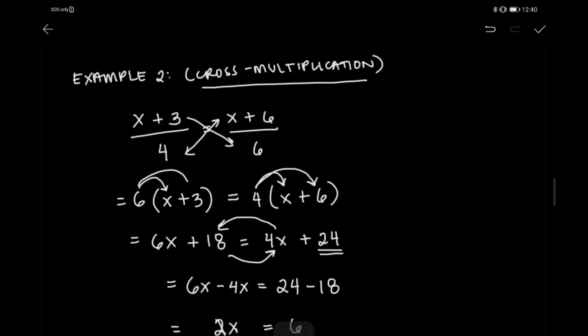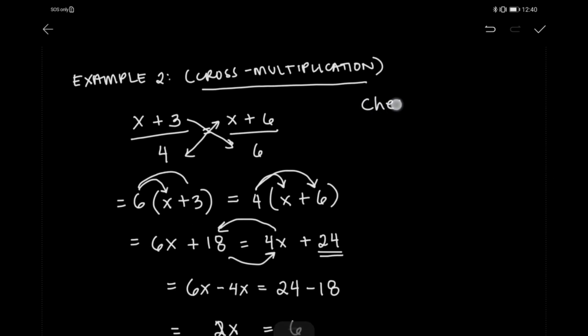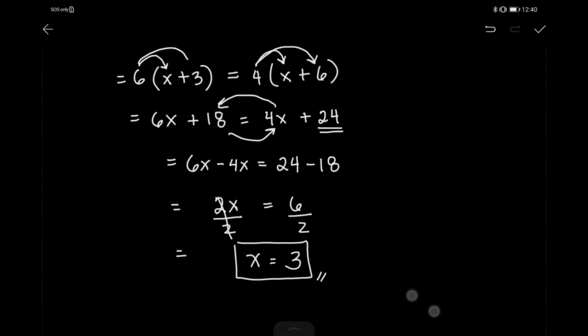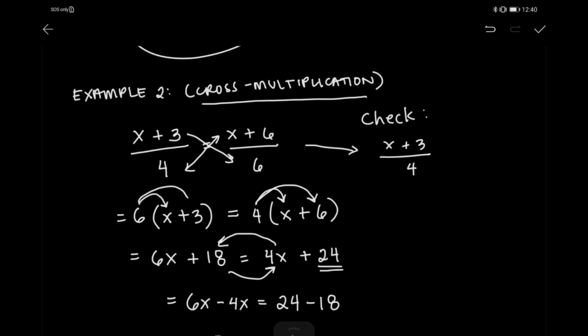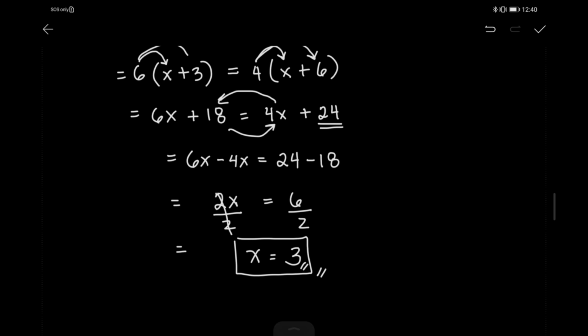So if we are going to check this one, let us check if the answer x, which is 3, is correct. What we are going to do is substitute it into our original given equation, which is x plus 3 all over 4 equal to x plus 6 all over 6. Substitute the value of x that we got here.